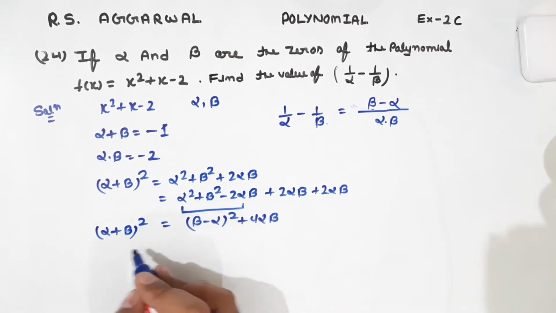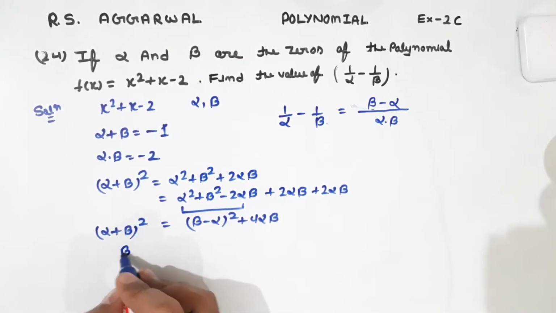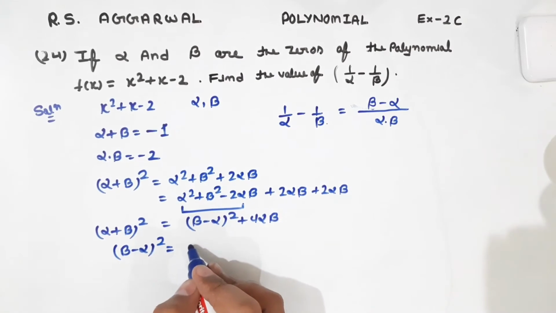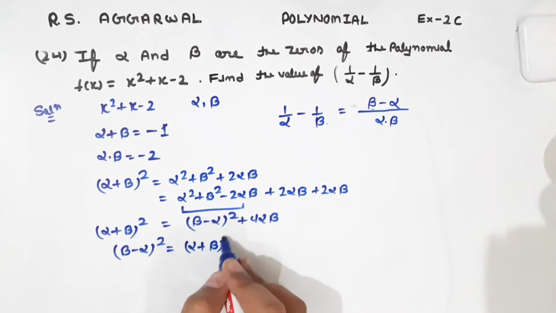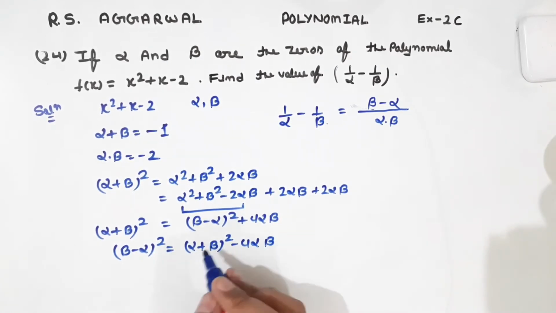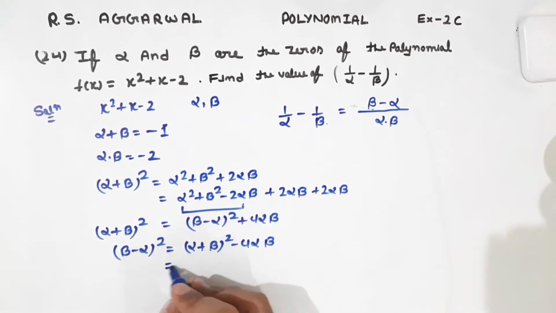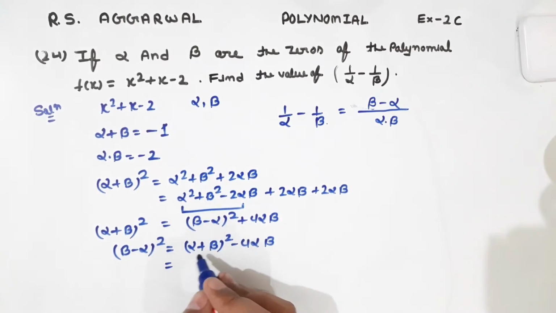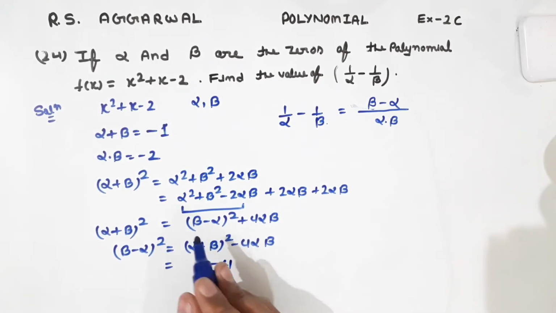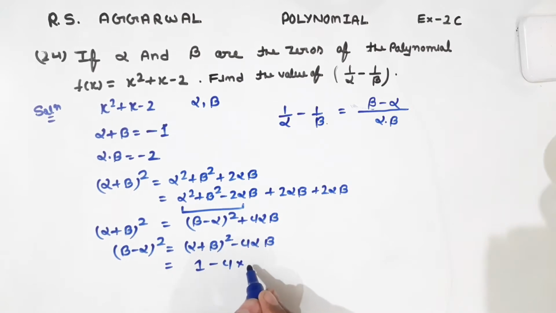So from here beta minus alpha whole square will be equal to alpha plus beta whole square minus 4 alpha beta. Now putting the value, alpha plus beta is minus 1. So alpha plus beta square will be equal to 1, minus 4 into alpha beta, which is minus 2.